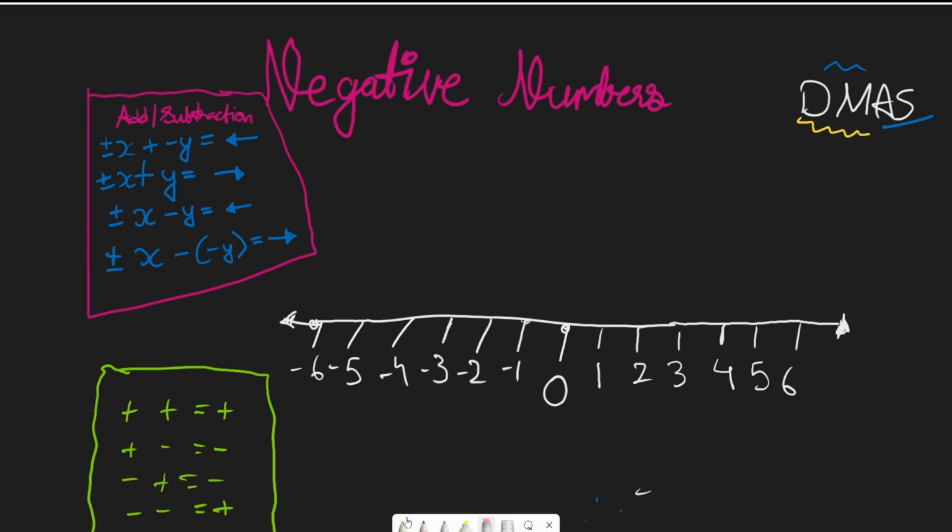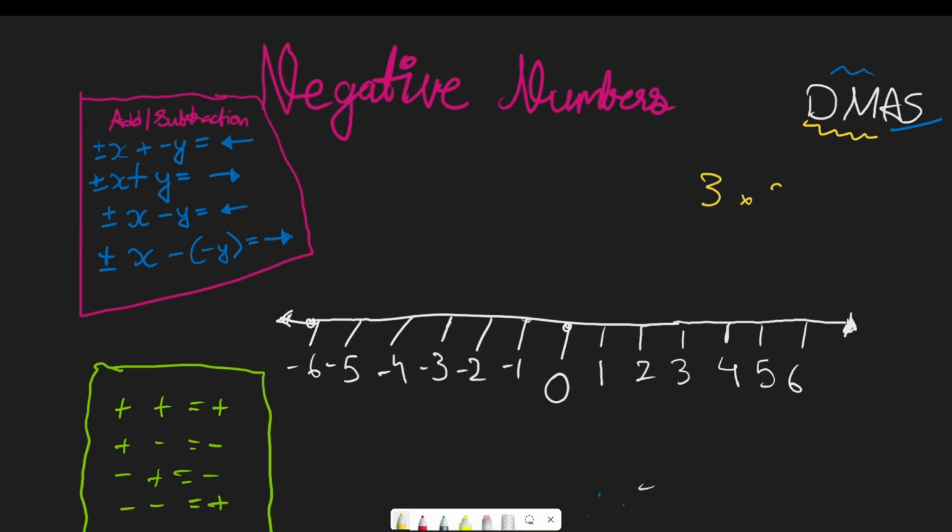So when you consider multiplication, 3 times 2. You take from 0, you move 3 steps forward. This is 3 into 1, and then you move another 3 steps forward. That's 3 into 2. 3 into 1, 3 into 2. So your final answer is 6.